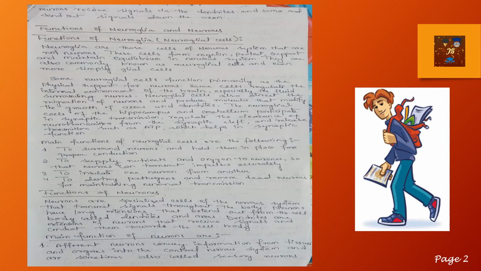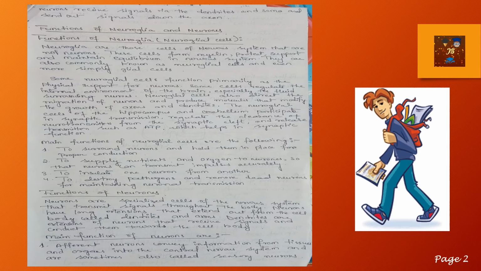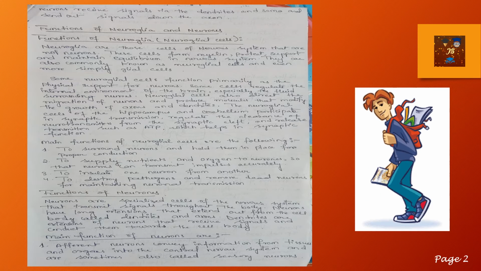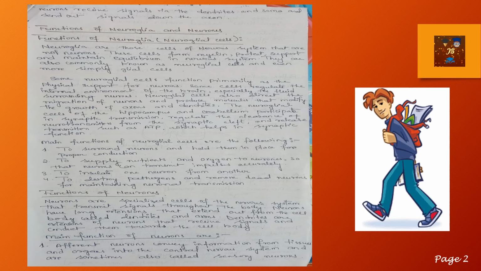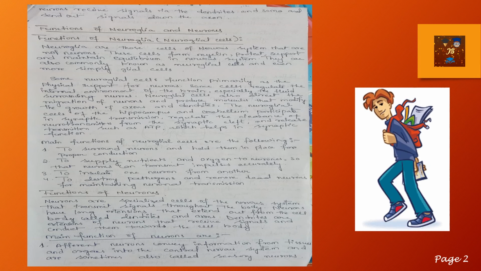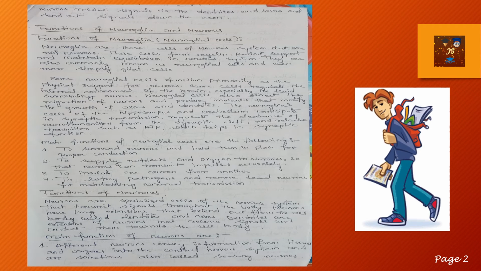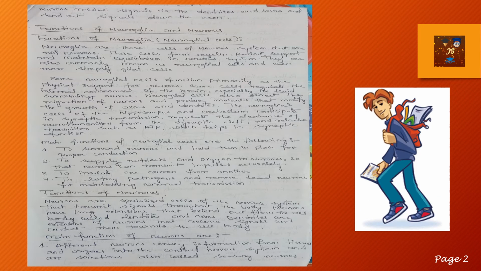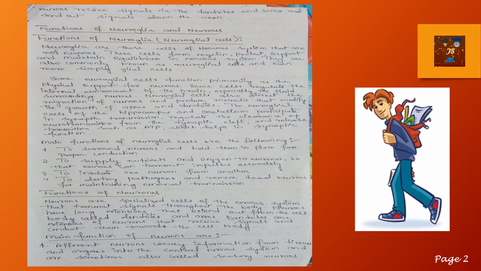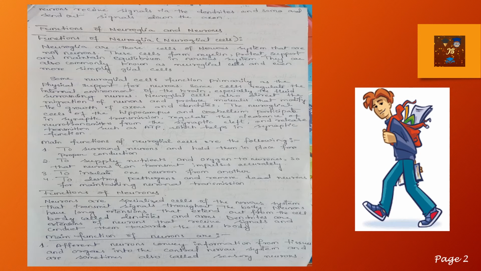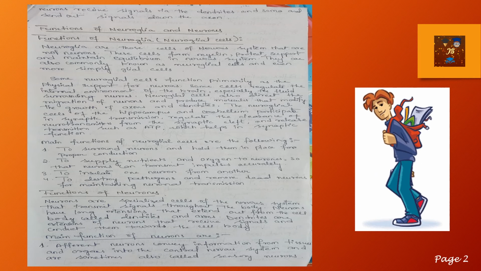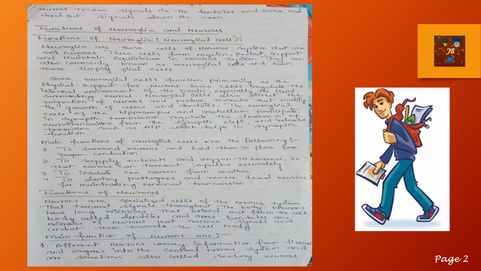Now I discuss the functions of neuroglia and neurons. Neuroglia are those cells of the nervous system that are not neurons, but these cells form myelin, protect, support and maintain equilibrium in the nervous system. So they are commonly known as neuroglial cells, or glial cells.